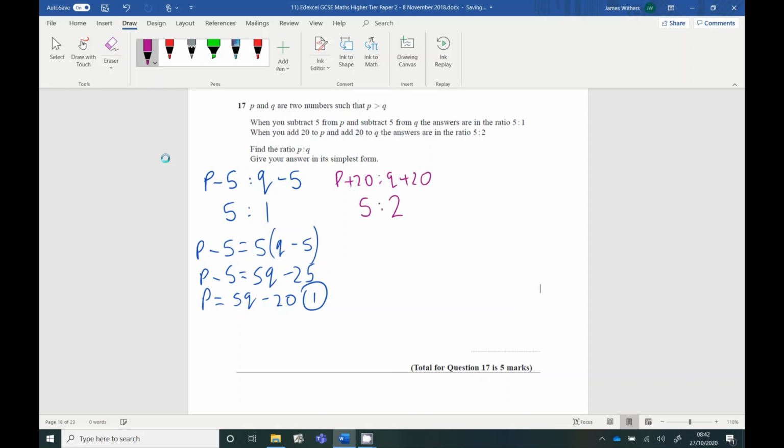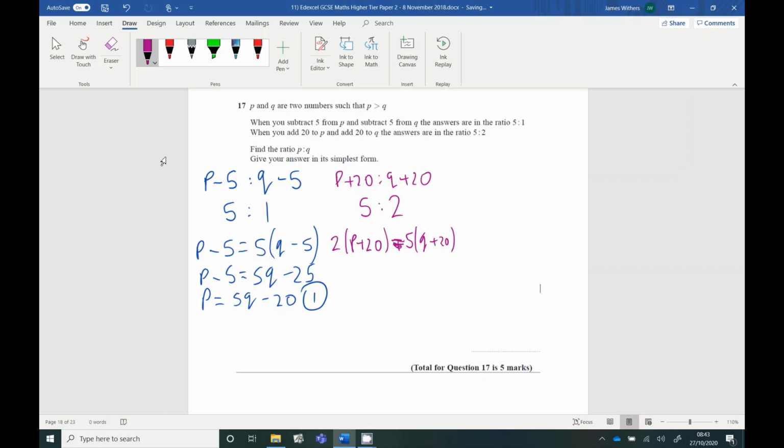So same idea here, we want to make both of these equal. So if we multiply the left hand side by 2, we get 10 lots, and multiply the right hand side by 5, we also get 10 lots. They are then equal. So 2 lots of P plus 20 equals 5 lots of Q plus 20.